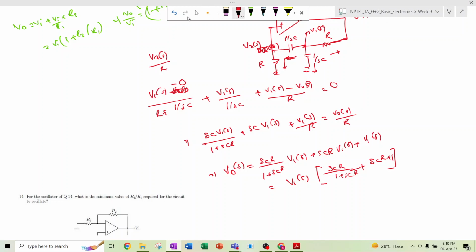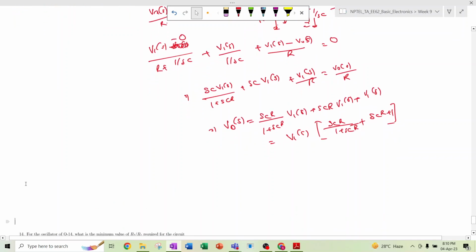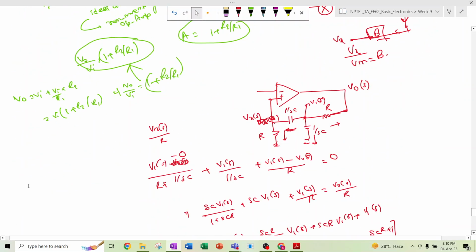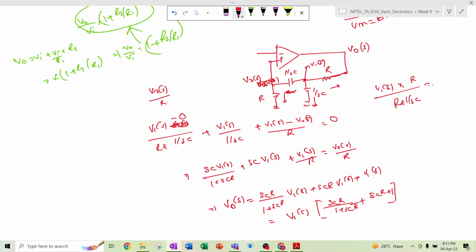So VOS is equal to V1S into this, and now for VSX, simply using the voltage divider rule, with R plus 1 by SC, that will be VSX, right?